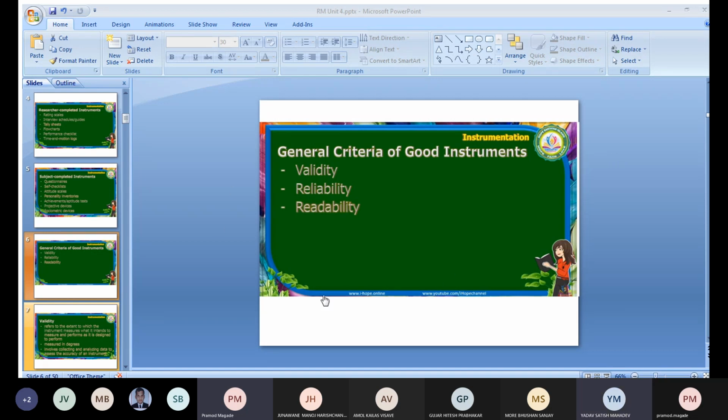Satish sir, please tell. Timely calibration can be used for validity checking. Correct. Yes, timely calibration is very important. Okay, for reliability: robustness of the system. Correct.